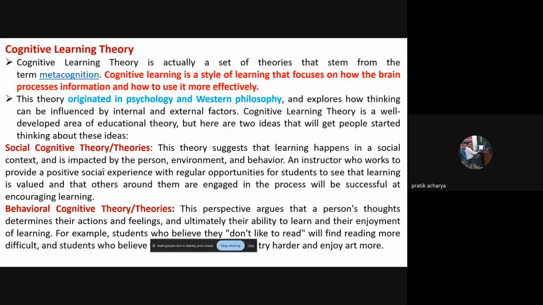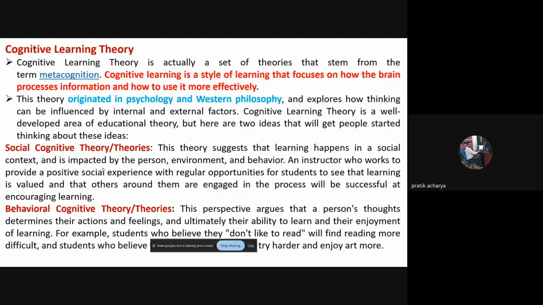Otherwise, if the surrounding every time pulls you back, saying that study is very hectic, that it is very painful, definitely from the beginning you will get bad ideas about your learning or study. Another pattern is behavioral cognition. Behavioral cognition argues that a person's thought determines their action. If you think that I can do it, yes, you can do it.